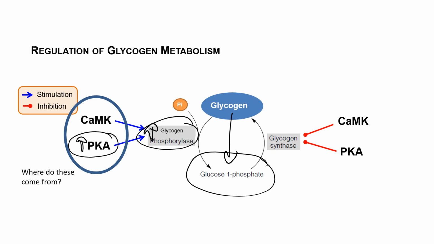We, however, have not looked yet at the other pathway that increases the activity of calcium calmodulin dependent kinase, which can also then increase the activity of glycogen phosphorylase and cause glycogen to be broken down as well. So that's what we're going to do now.